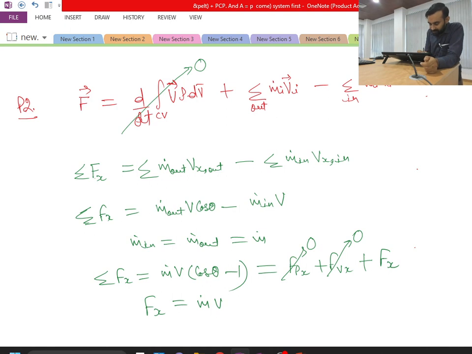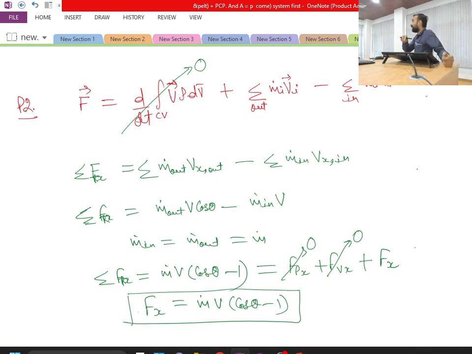Let me use this summation of F Rx. Rx means I can say the resultant or total force, or let me write Tx, total forces, because it is getting confused later on with this Fx. So that's why I am writing over here total force Ftx. So Fx has become m dot v (cos theta minus 1).